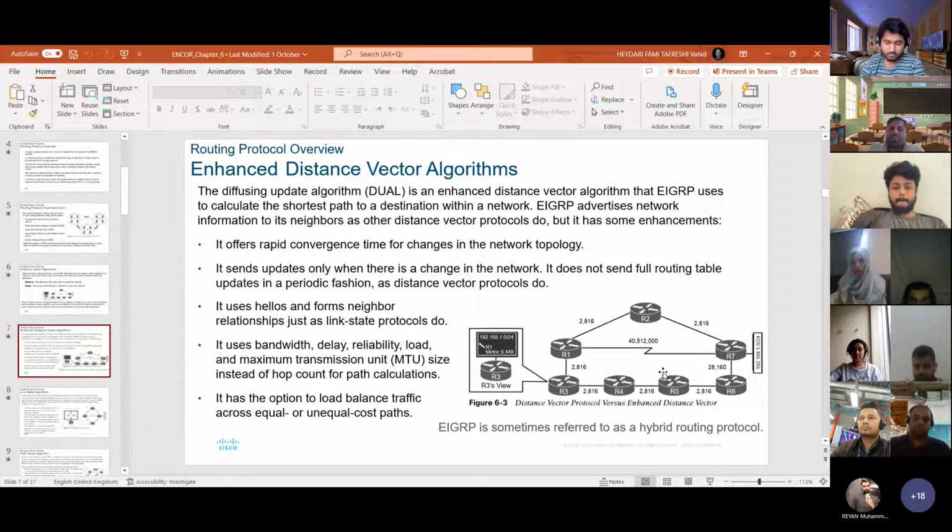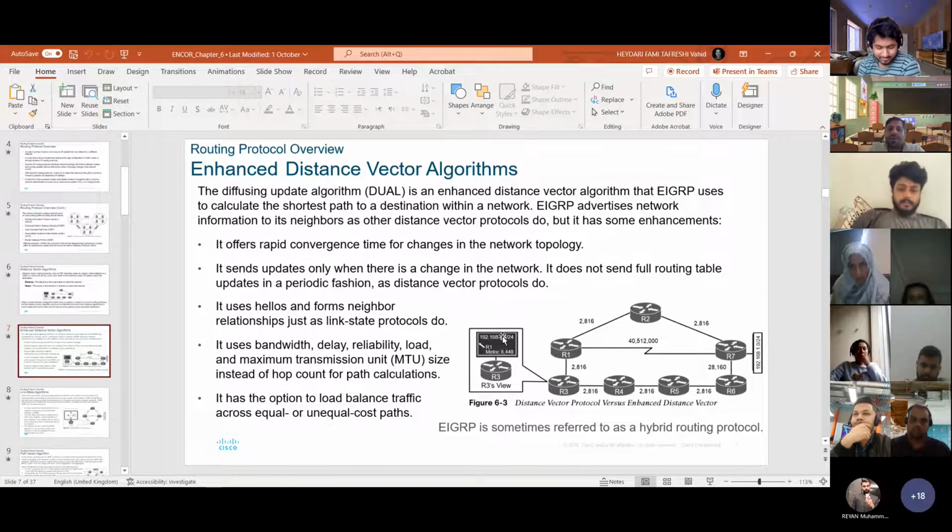So remember, we are talking about distance vector. Distance vector routing protocols like EIGRP need to tell us, in order to get to this network, what is the cost, which is the distance, and what is the vector, and the vector is going to be the next hop.